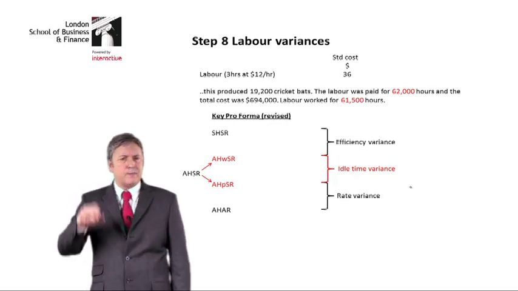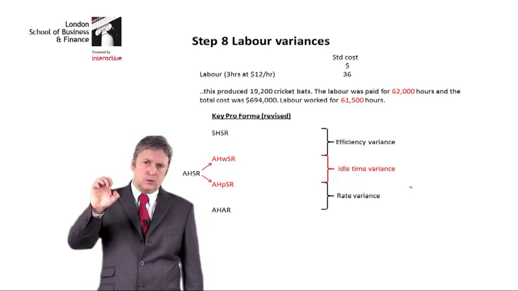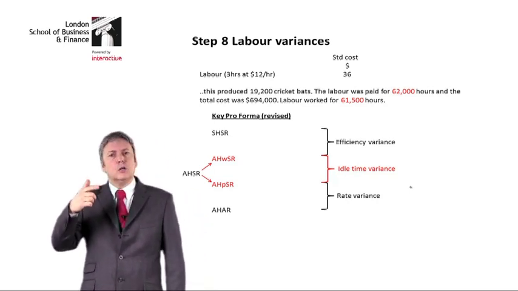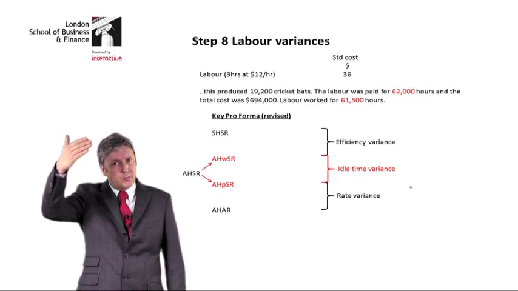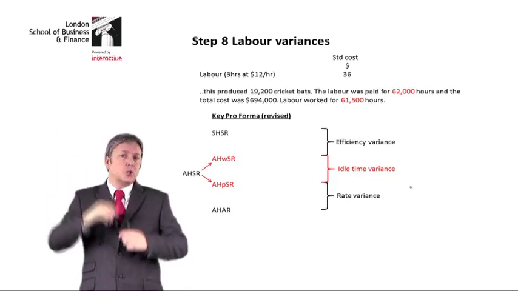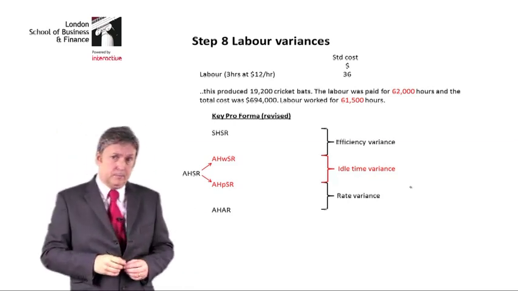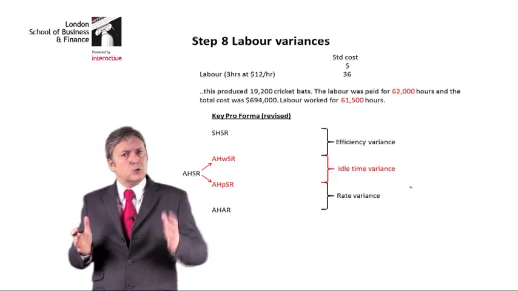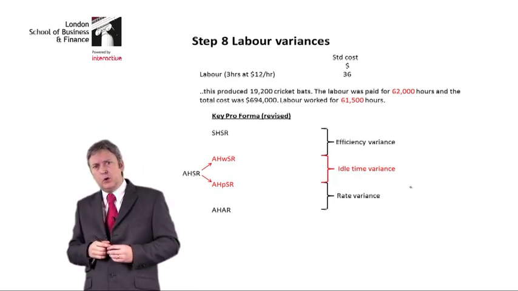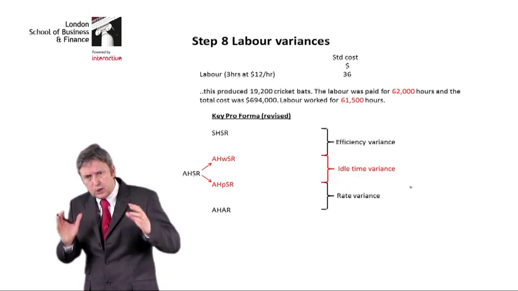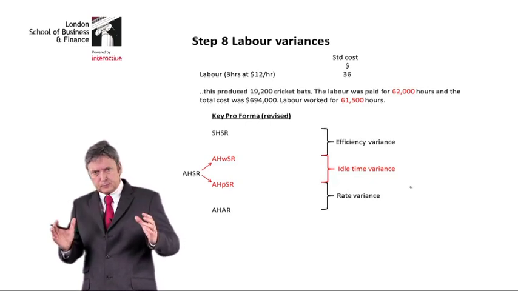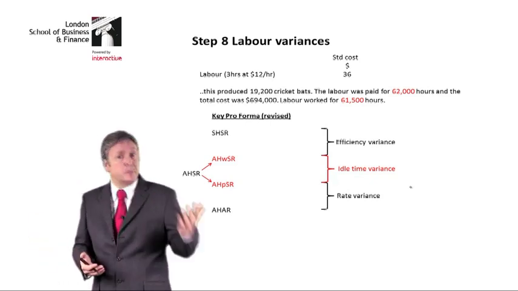Whereas the top one, we have the actual hours worked at the standard rate, because the hours worked relate to the units being produced. And the difference between the two will be the idle time. So not difficult. What I want you to think about these pro formas is that we always use the same pro formas, but we may develop them for a specific need.